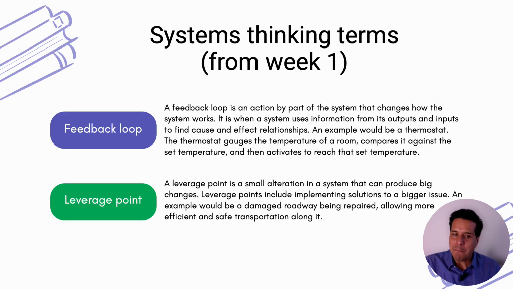Very good. Going back: feedback loop, leverage point. Two concepts I'm going to continue repeating in every subject that I want you to always remember. Feedback loop: you always get feedback from what you do in system engineering. When I put things apart, I get feedback. When I put them together to make them work together, I get feedback.